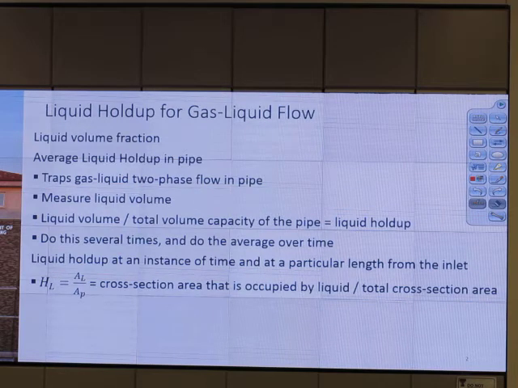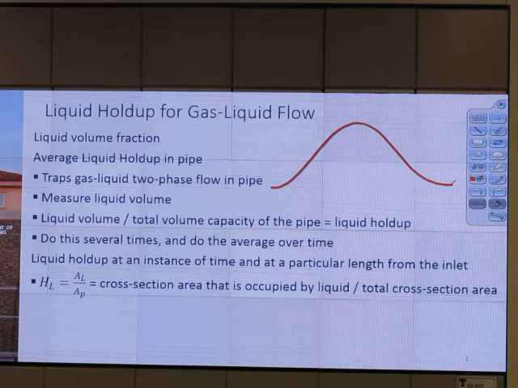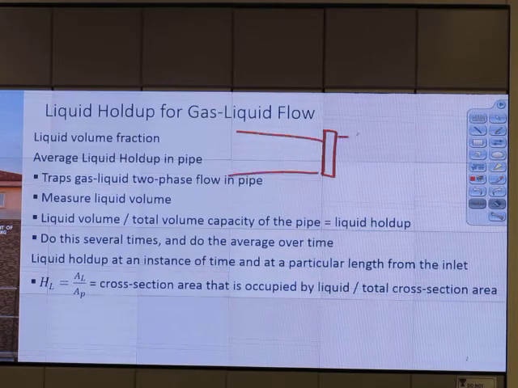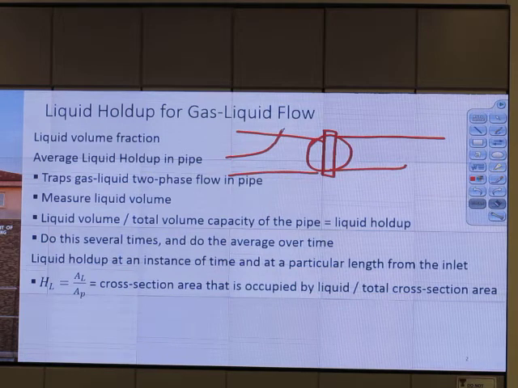So if I do enough measurements, I'll get some kind of distribution, right? And I would say that part is the liquid hold up. Or, if I have a very small section to trap, every time I trap just the slug body, not the Taylor bubble, not the gas part, then I know the liquid hold up of that part, right?